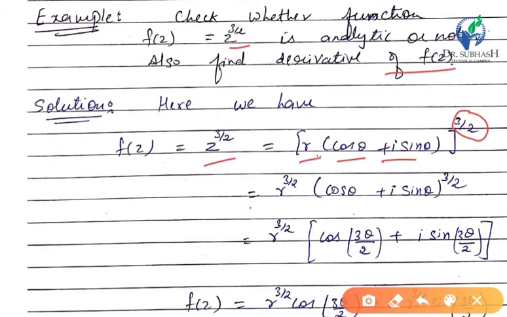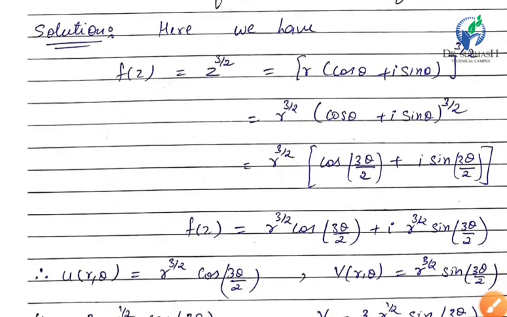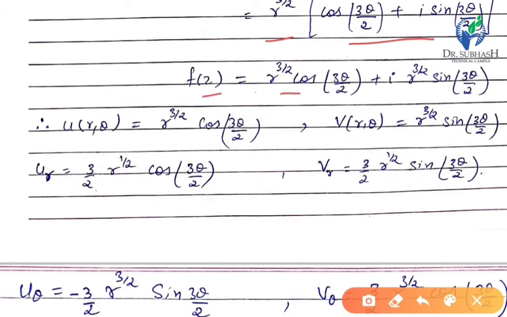So this will become r raised to 3 by 2 (cos theta plus i sin theta) raised to 3 by 2. Now by De Moivre's formula we can write this term as cos 3 theta by 2 plus i sin 3 theta by 2. Now I will multiply this r with this bracket, so I get f of z equal to r raised to 3 by 2 cos 3 theta by 2 plus i r raised to 3 by 2 sin 3 theta by 2.